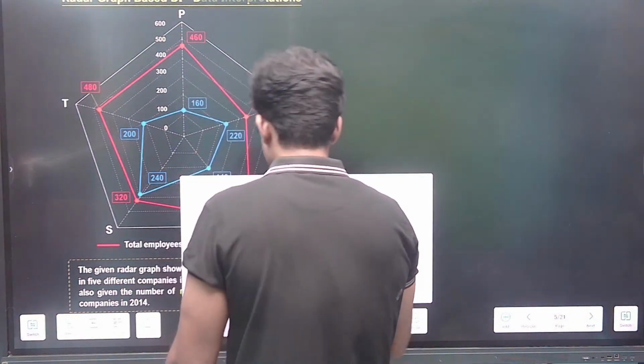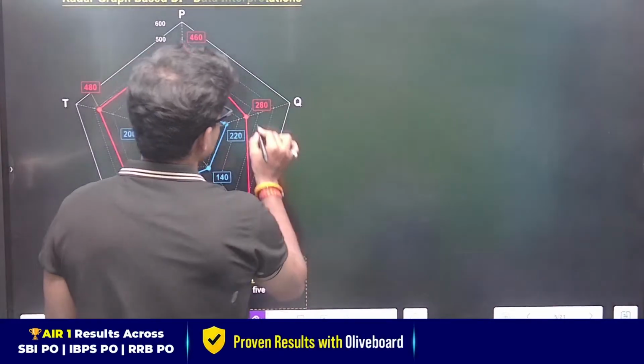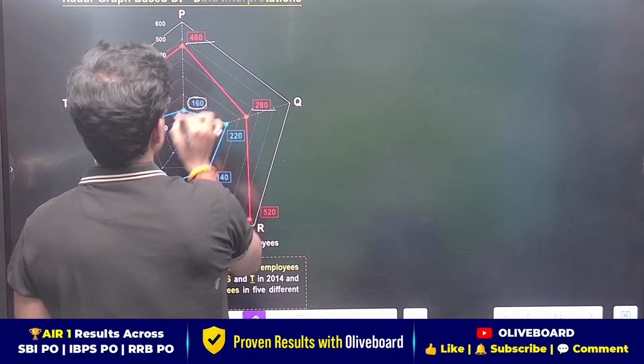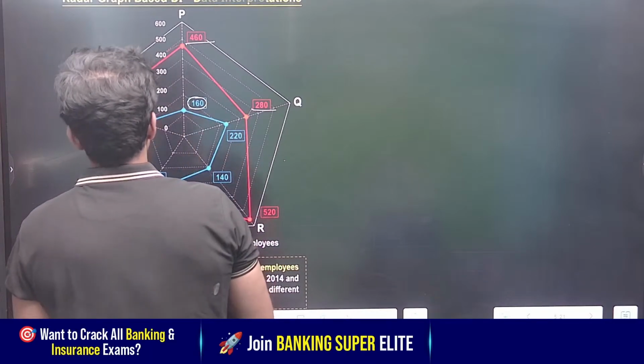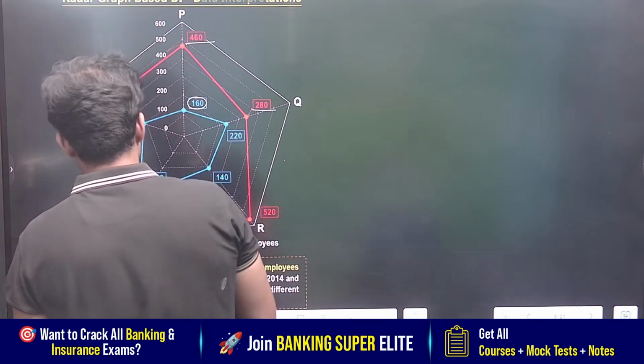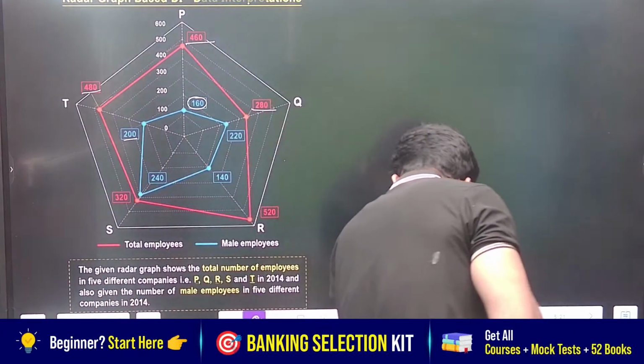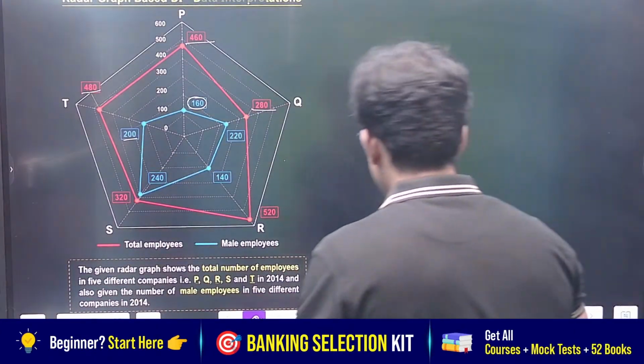Should I write the values here or should I not? 280, 460, 480, 160, 200, like that values are mentioned here, like 320, 520. I think values are readable, yes or no?